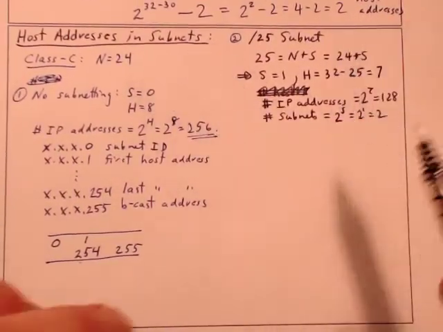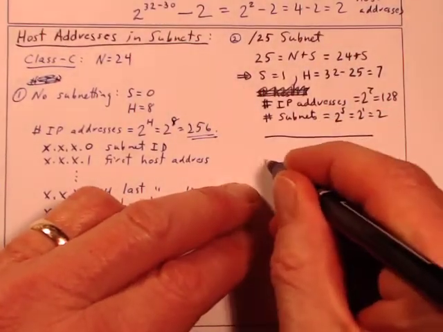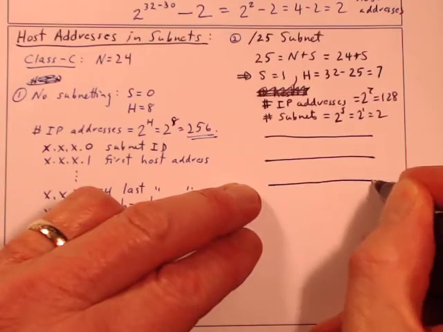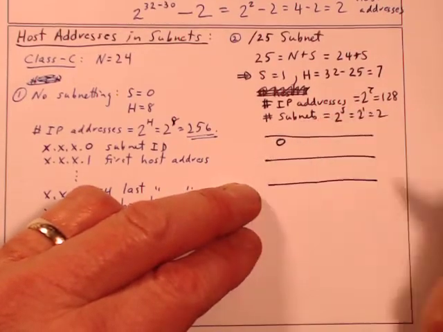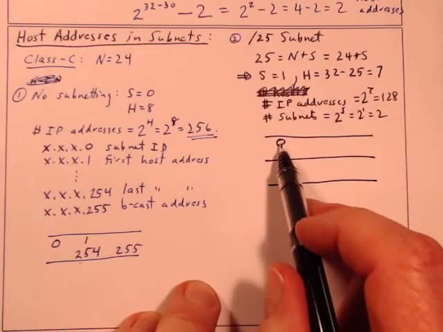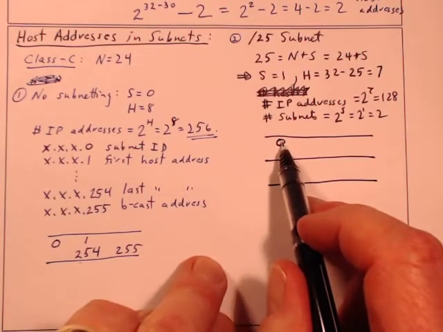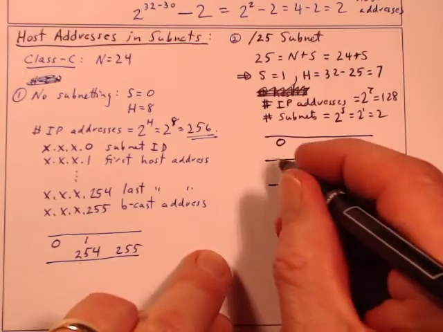And so how do we find those addresses? Well, I'm going to make my little chart. I'm going to make 2 blocks, and I'm going to start at 0 as my subnet ID, and then the next subnet ID is going to be the 128.